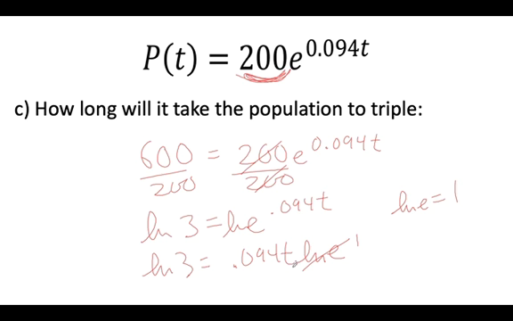And to solve this for t, I just need to take ln 3 and divide it by 0.094, just like I did with both sides here. The 0.094 divides out, and that leaves me with t equal to, just use your calculator, you should have that ln button, ln 3 divided by 0.094, around 11.7. 11.7 days will give it to us.